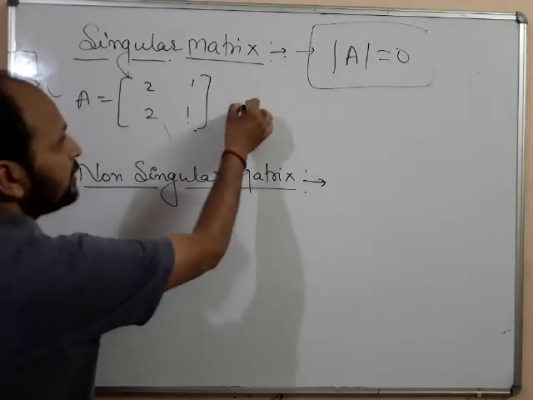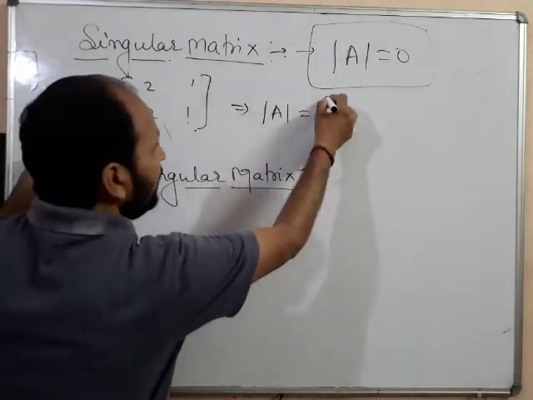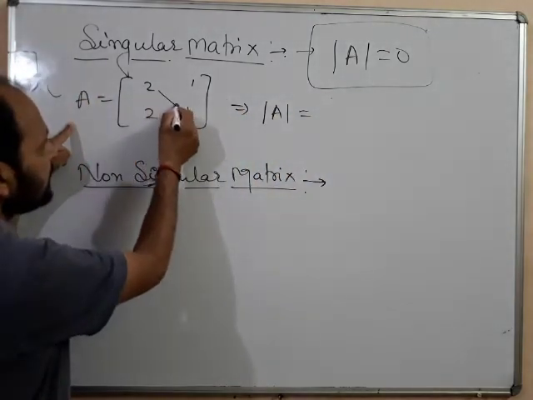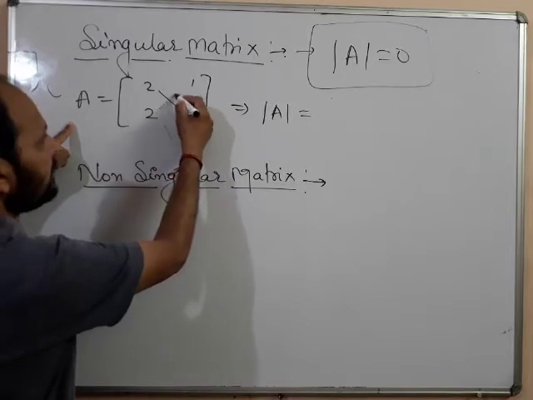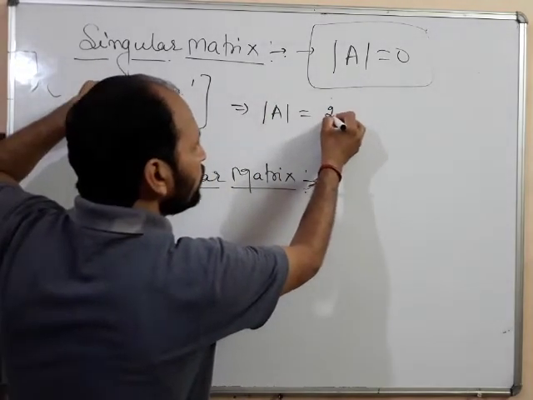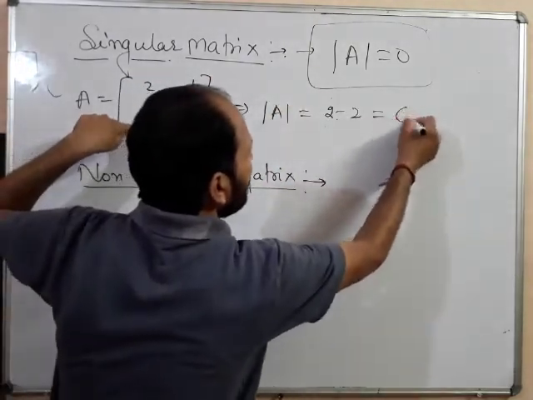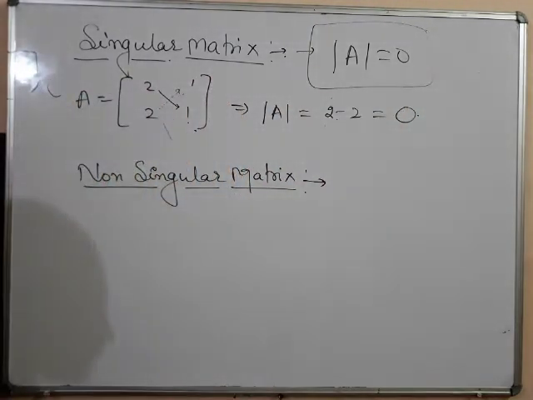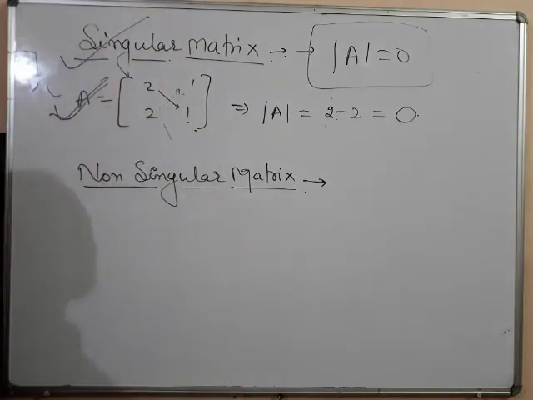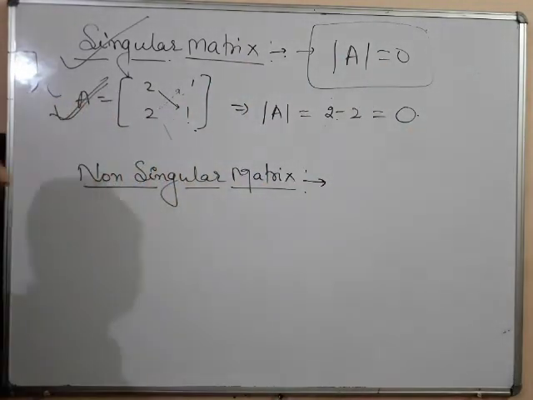So what will be the determinant? The determinant of A is this product minus this product. 2 ones are 2 minus 2 ones are 2. The determinant is 0. Clear? So that is a singular matrix whose determinant is 0.